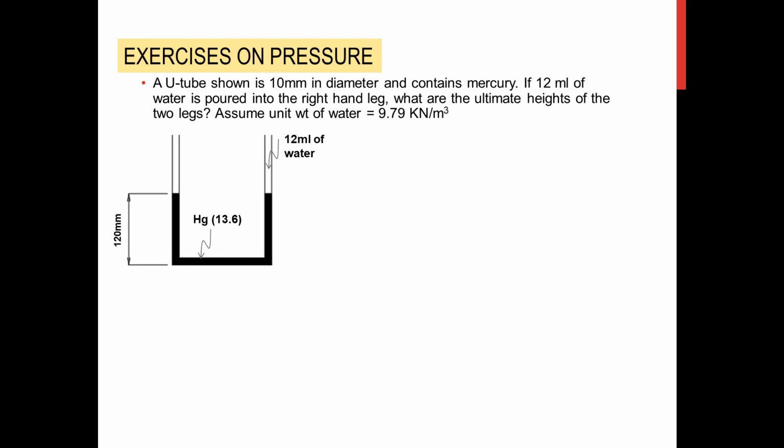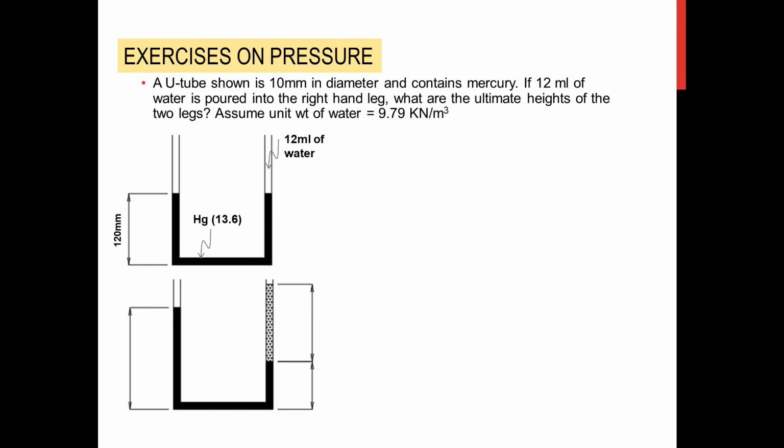Now we are going to fill this right hand leg with 12 ml of water. So what happens now is this will now be the 12 ml of water that will tend to push your mercury in that direction. So therefore, y here will become a variable, and the left hand side of the tube will be equal to 240 minus y. Why 240 minus y?